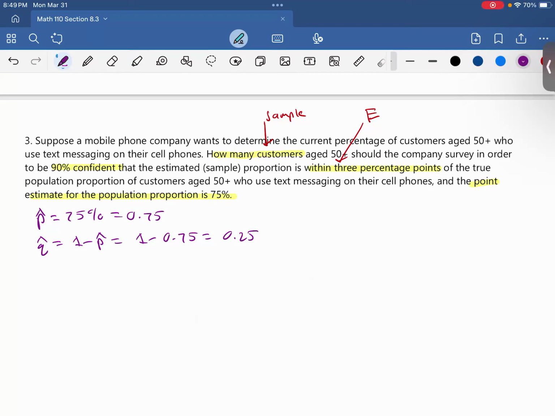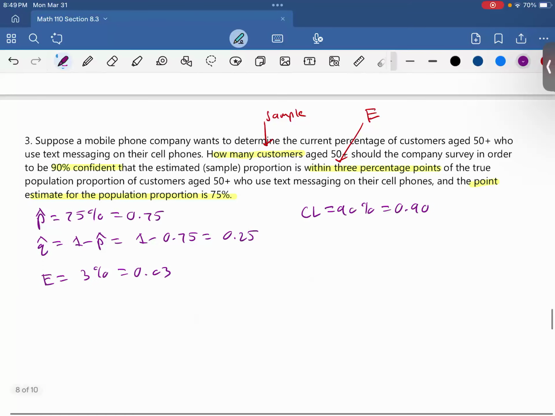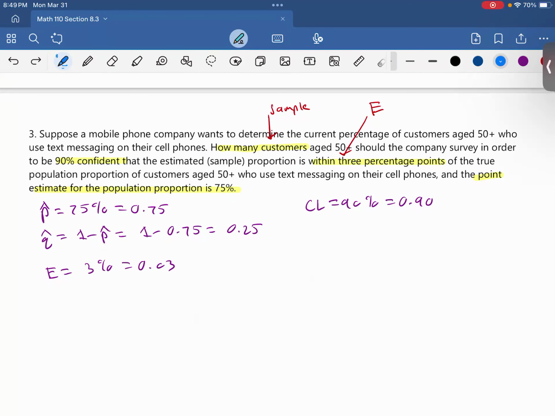We have error being 3 percentage points, which is 0.03. And we have a confidence level of 90%, which is 0.90. But remember that a 90% confidence level gives us a critical value of 1.645.